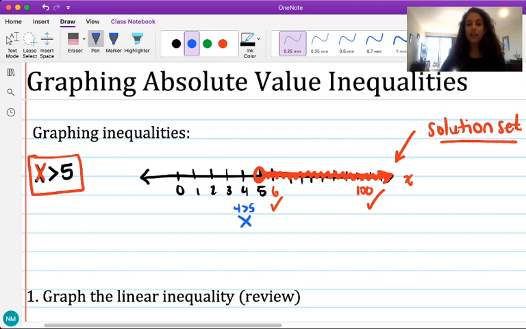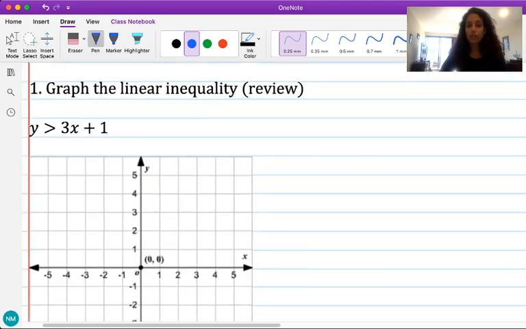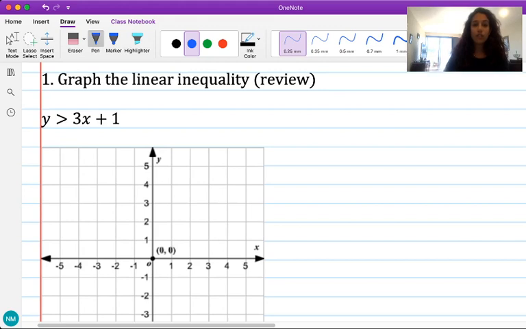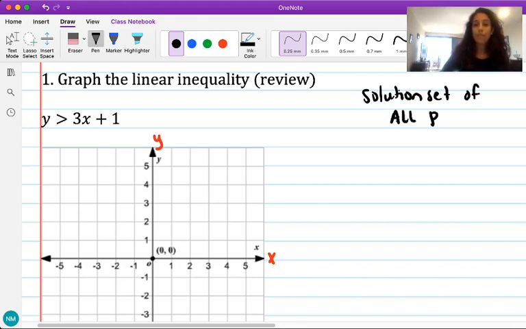Now, we're going to take that and move it into 2 dimensions. The reason it's 2-dimensional is because we have a y and an x. 2 variables means 2 dimensions. So now we need to find the solution set of all points x and y that satisfy this inequality.